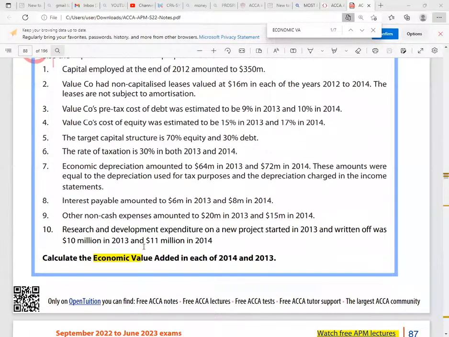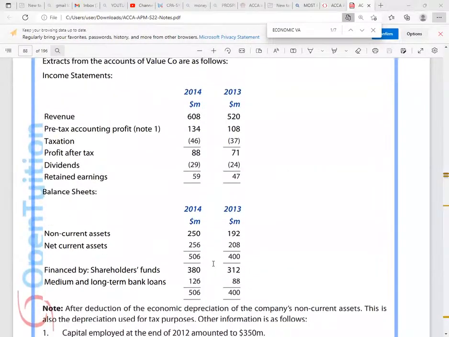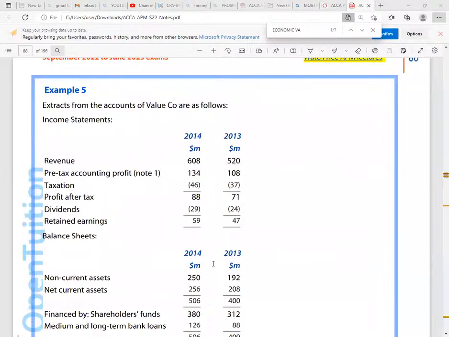They want us to do something very easy. They want us to calculate the economic value added in each of the years, 2014 and 2013. So we want to send you this book right now.